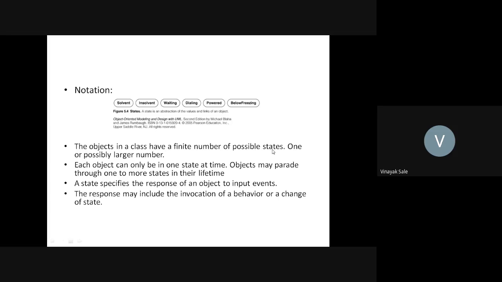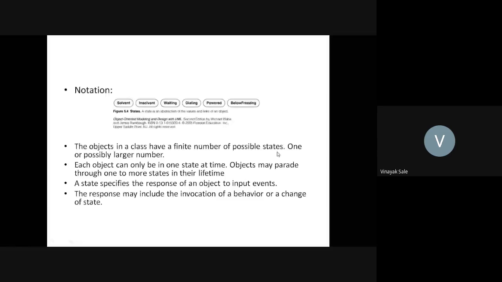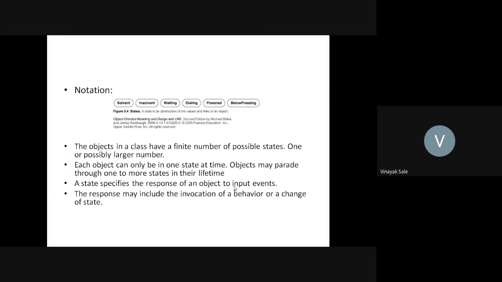Objects in a class have a finite number of possible states, one or possibly a larger number. Each object can only be in one state at a time. Objects may pass through one or more states in their lifetime.